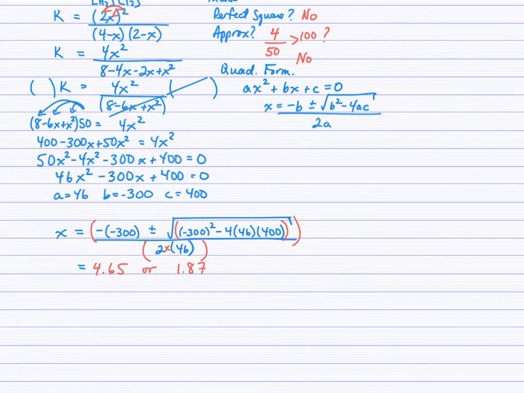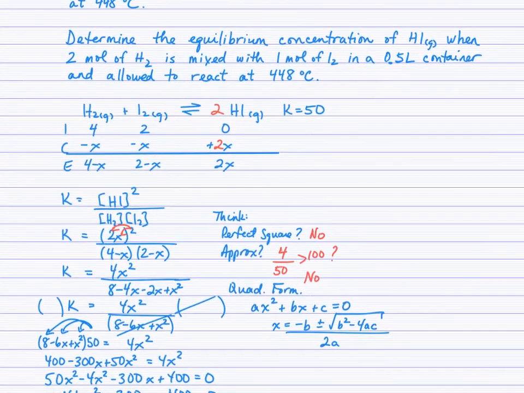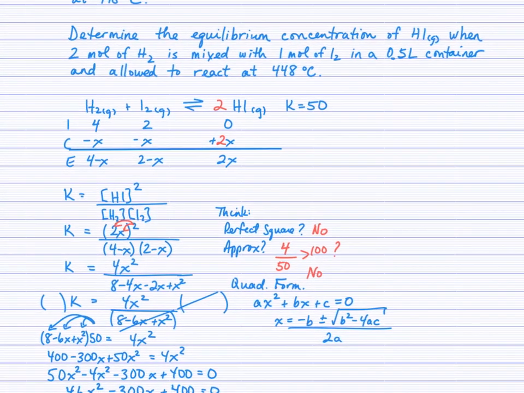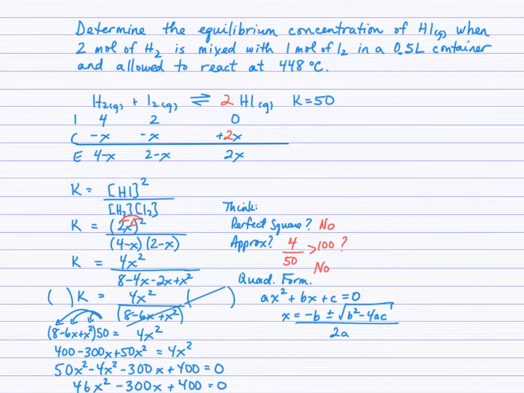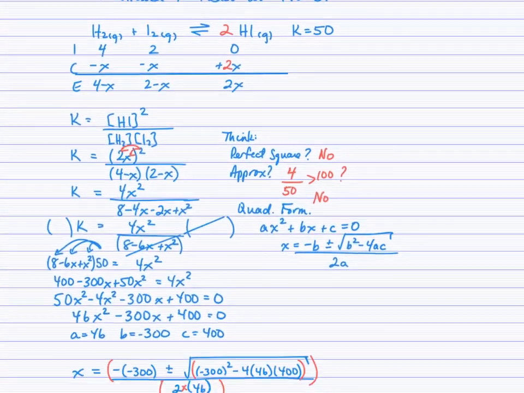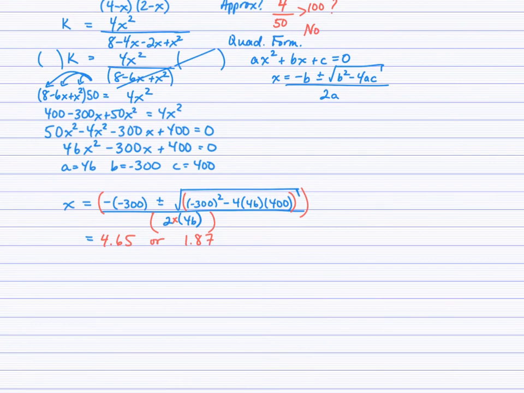Okay, one of these values will be inadmissible. What were we originally asked for in the question? If we back up, we were asked to determine the equilibrium concentration of HI, which is 2x, we can see. Now, the concentrations of H2 and I2 will be 4 minus x and 2 minus x. Is it possible for x to equal 4.65?